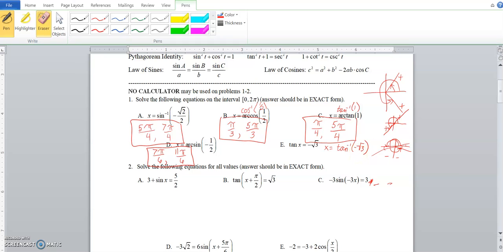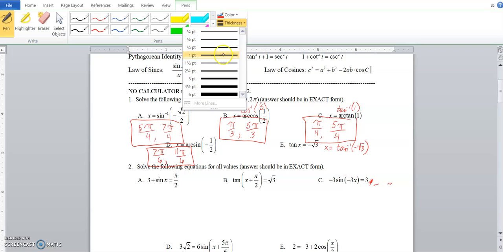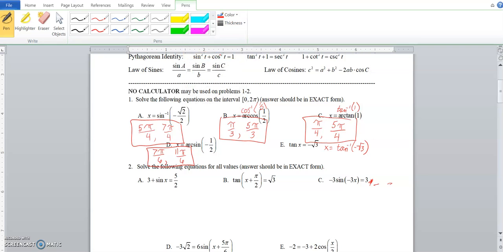And let me clear out some space here. From that previous video I just talked about, what gives us tangent of square root of 3? Well, first of all, tangent's negative in the second and fourth quadrant, and the larger value gives us a larger angle.